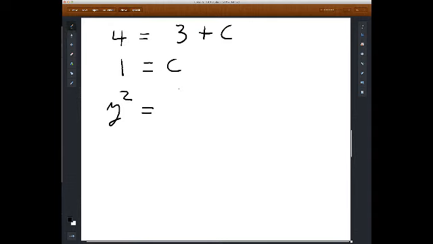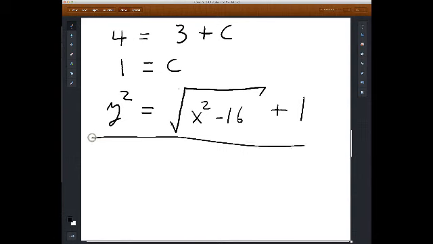Okay, so basically substituting in there, we get y squared is, right this way, the square root of x squared minus 16 plus 1. And that's our solution.